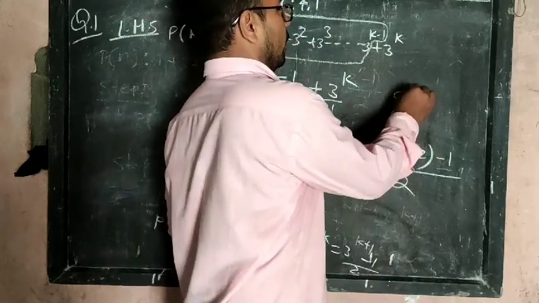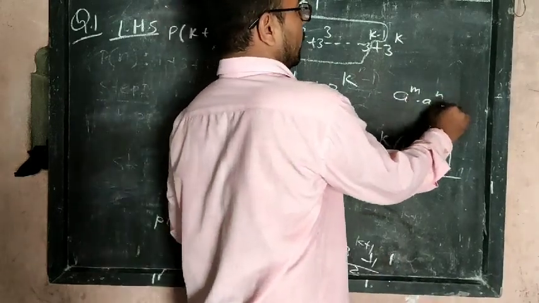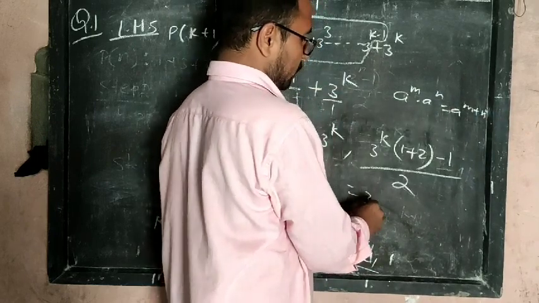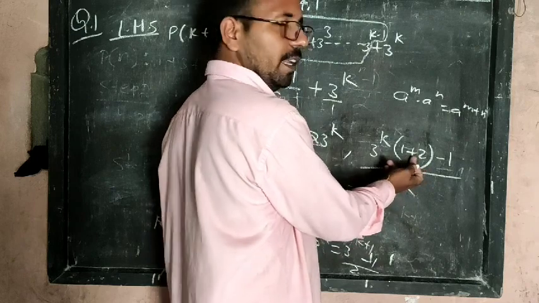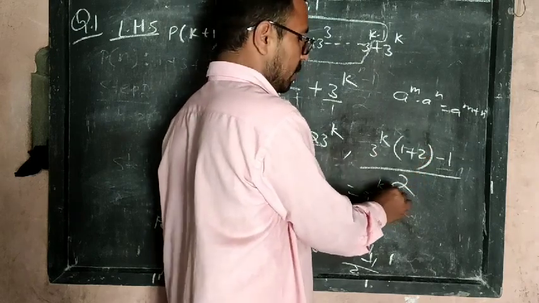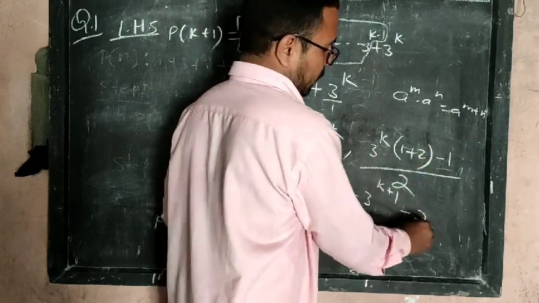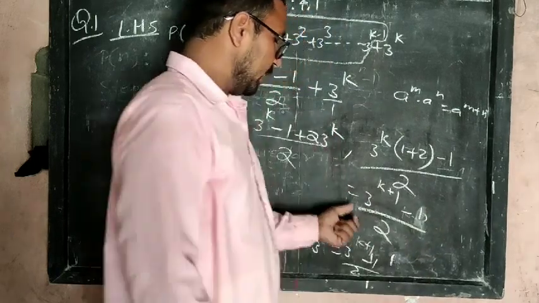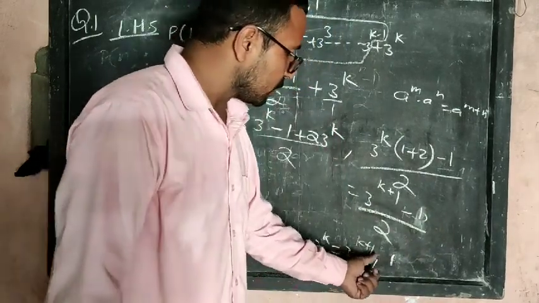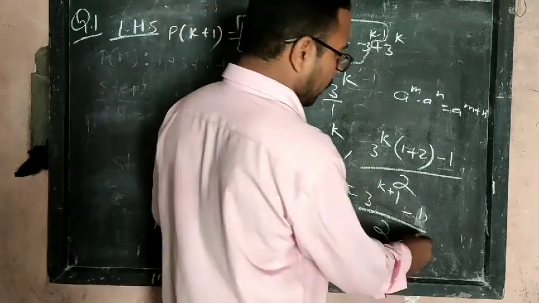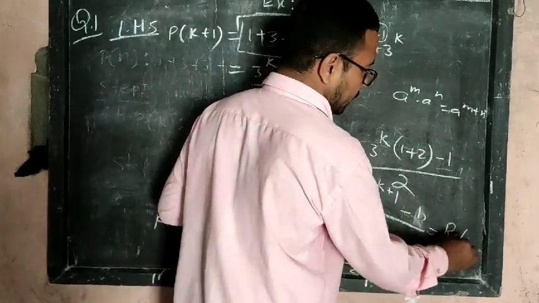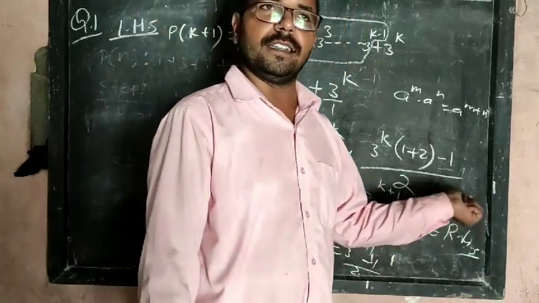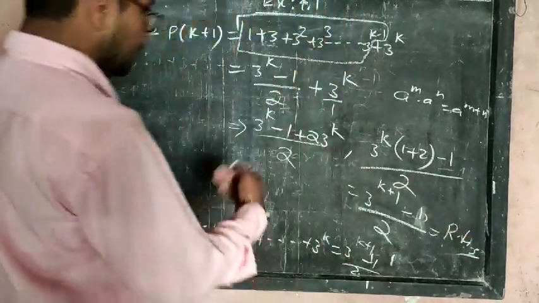The formula is a to the power m into a to the power n is a to the power m plus n. So how much do we get here? 3 to the power k and 3 to the power 1 become 3 to the power k plus 1, minus 1, by 2. That means we have got the RHS.